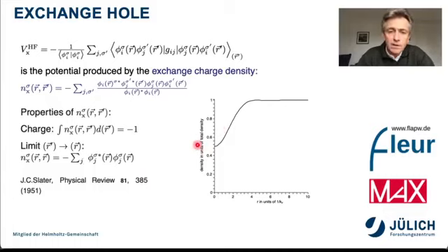So this is how this hole here would look like. And in the limit of r prime goes to r, you come to this self-interaction-like form that we had originally. So this was all known already in the 50s.